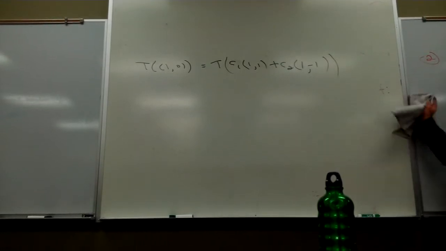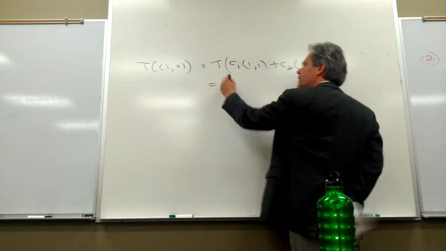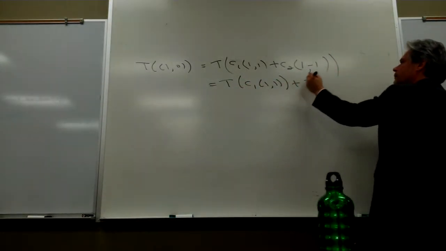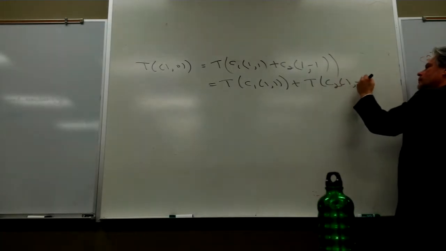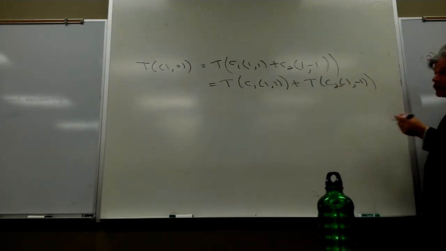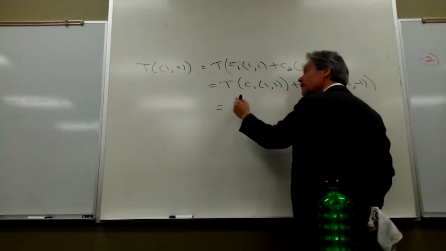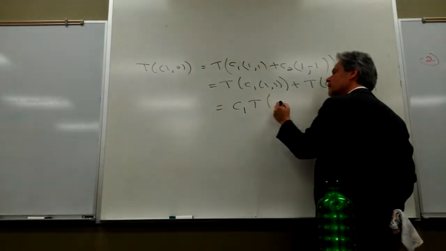Well, technically speaking, T is a linear transformation, so I can break it up using that first linearity property. Actually, the second linearity property for linear transformations tells me I can pull out these coefficients.